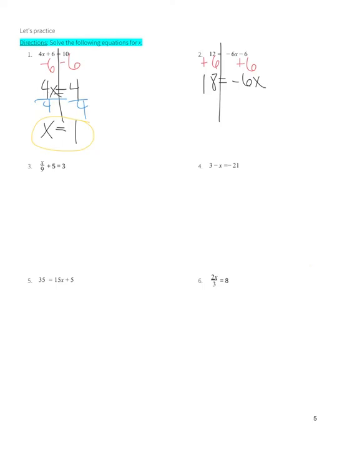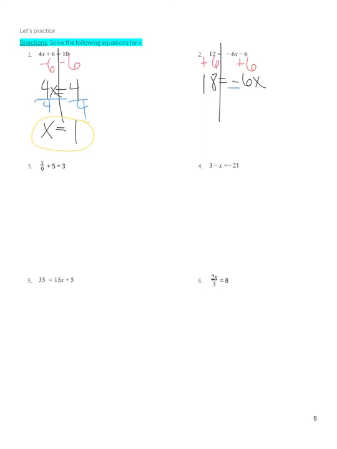Now that I've undone my addition, I need to undo multiplication. Negative 6 times x. I want to get x by itself, so I have to do the opposite. What is the opposite of multiplying by 6? Dividing by 6.